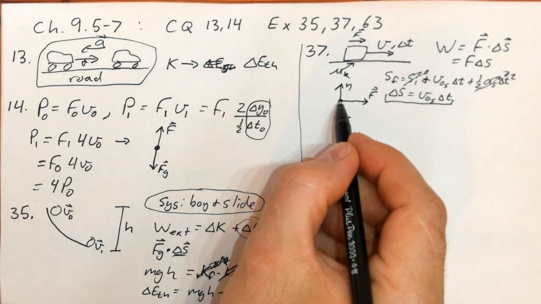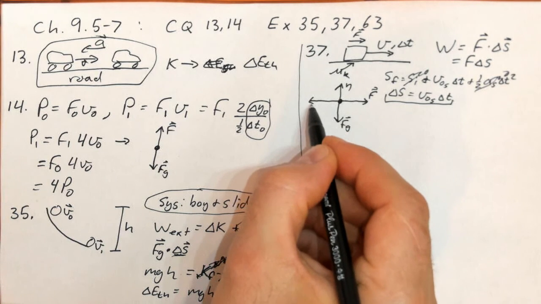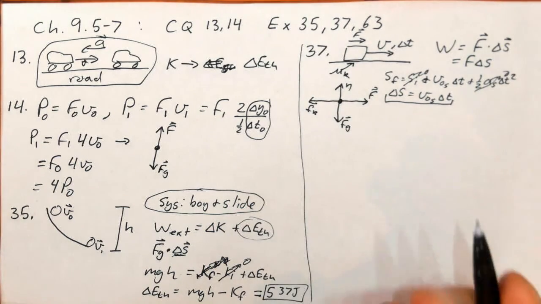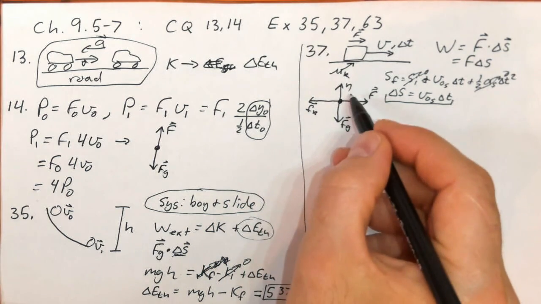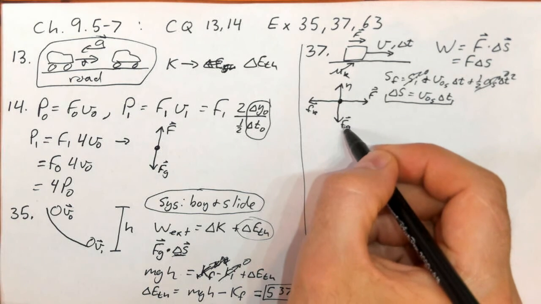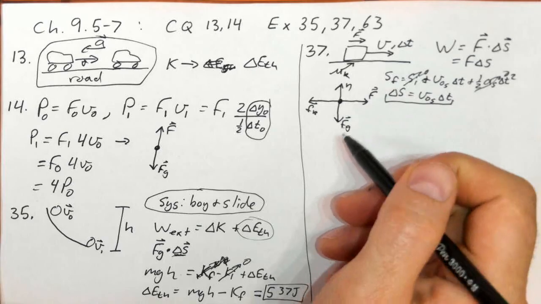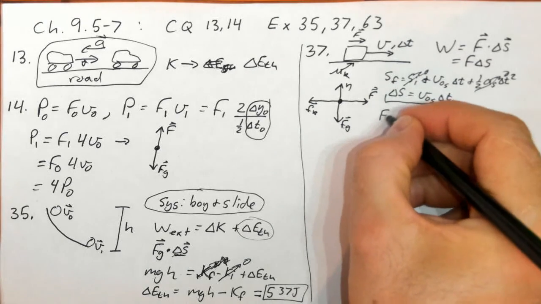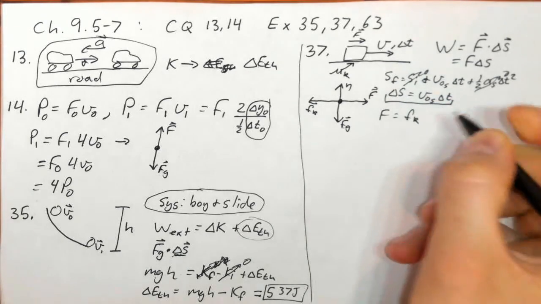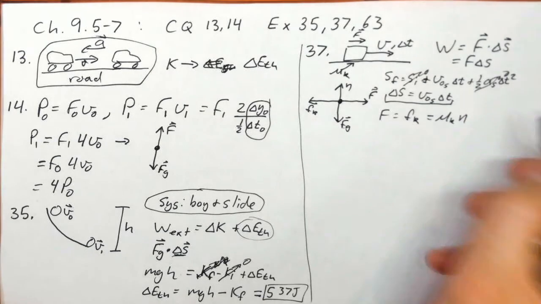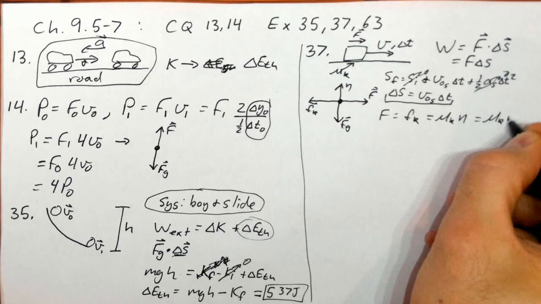It's not accelerating, which means my frictional force, Fk, ought to be the same. And so we can relate, say, N equals mg, and F equals Fk, and Fk is mu k mg. So we can now say F equals F sub k, which equals mu k n, which equals mu k mg.